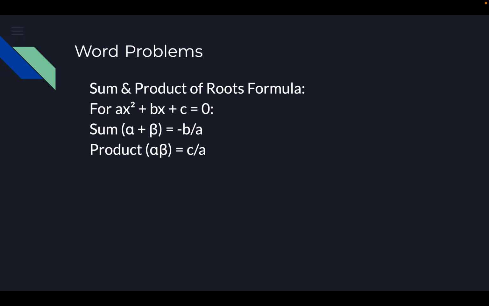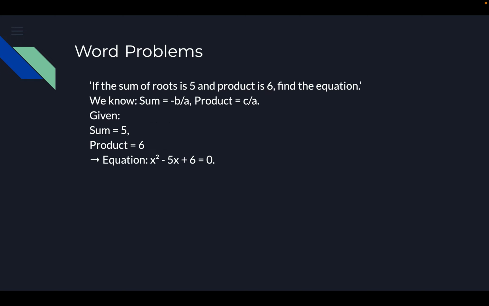Now the standard formula you have to remember is, for ax square plus bx plus c equal to 0, the sum alpha plus beta is equal to minus b by a, where alpha and beta are the roots of the quadratic equation.